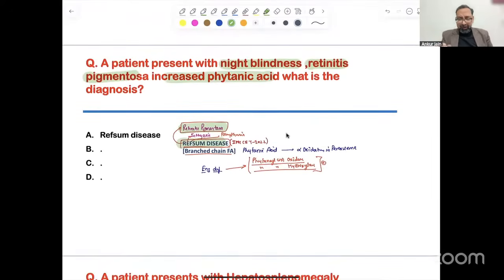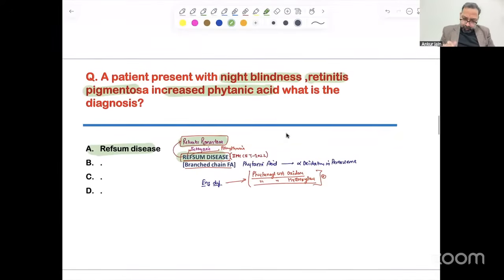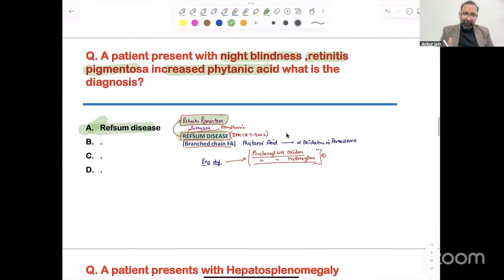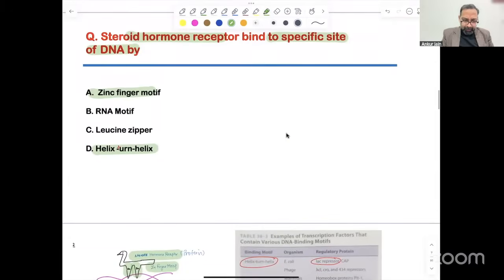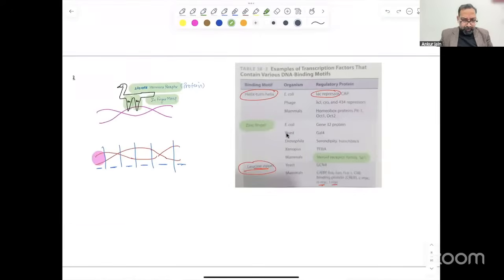So simple question, simple answer. In this, even if other options are given, no need to think, you will find the answer very easily. Helix-turn-helix motif, leucine zipper motif: examples I have given. This table is from Harper.